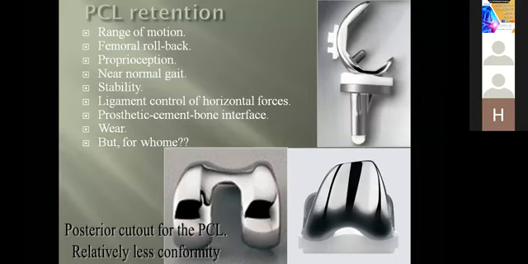We have to think that the posterior cutout for PCL is relatively less conforming, and if you could not balance the tension in the PCL, it's better to shift to the PCL substituting designs.